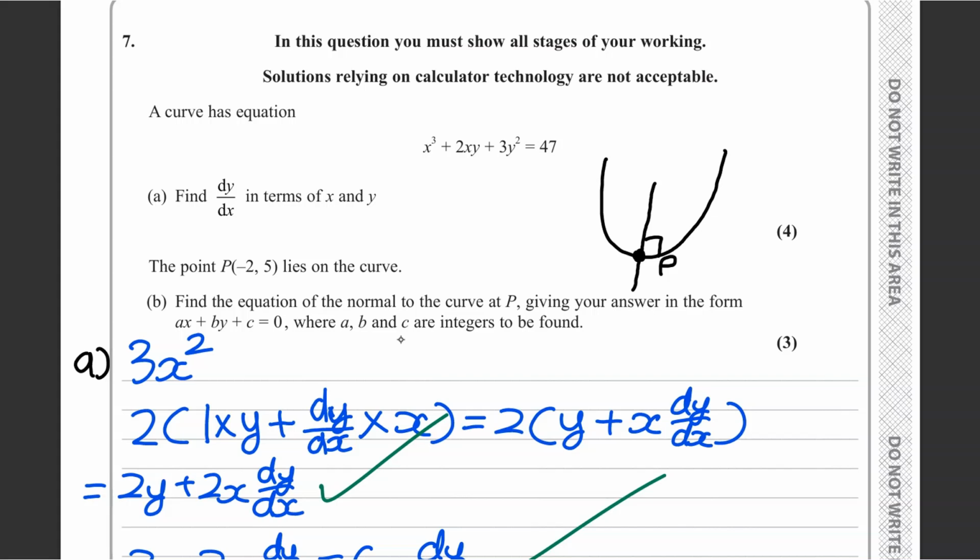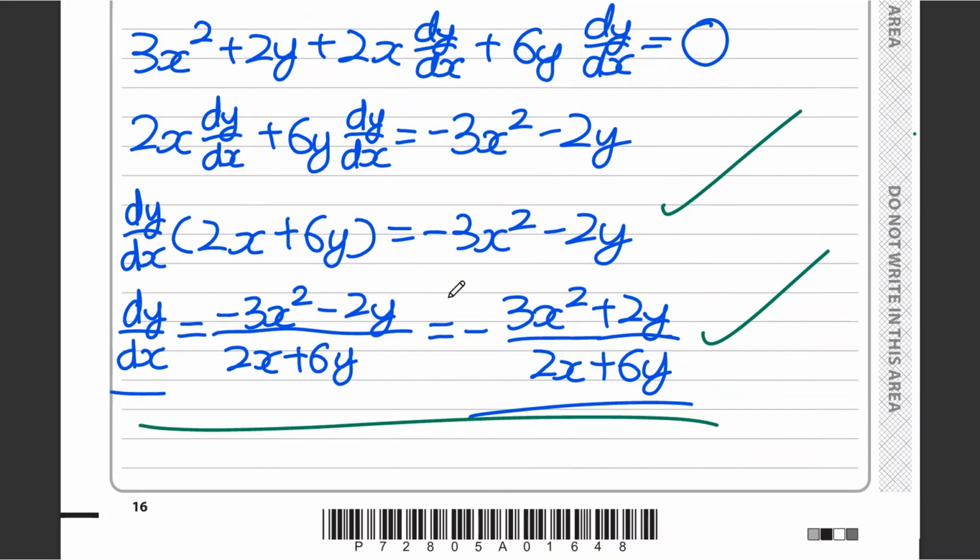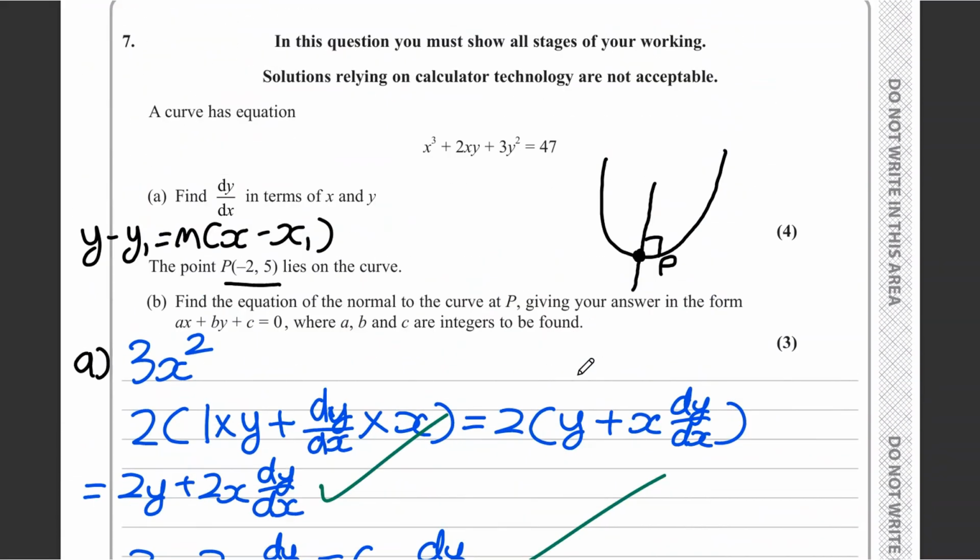Remember, the equation of a straight line is y minus y1 is equal to m(x minus x1). So in order to use this equation, we need a coordinate on the normal and we need the gradient of the normal. Well, the coordinate on the normal, we can just use P is equal to minus 2, 5, because the normal passes through this point P. And we can find the gradient of the curve at this point P by using our equation for dy over dx.